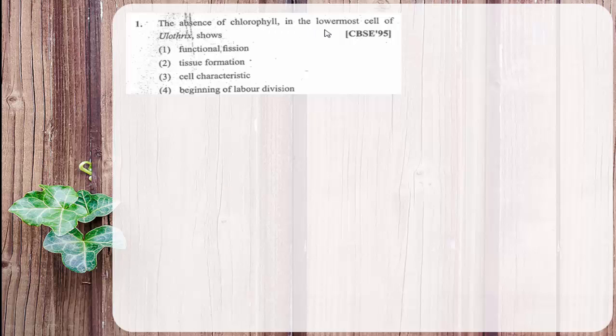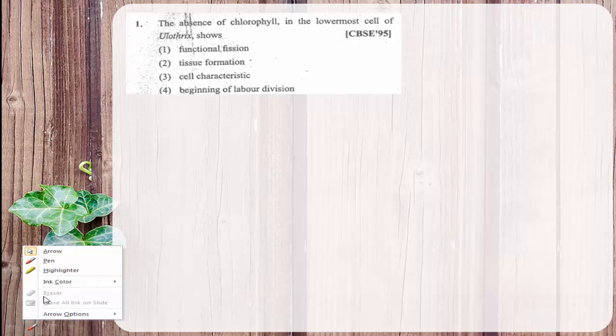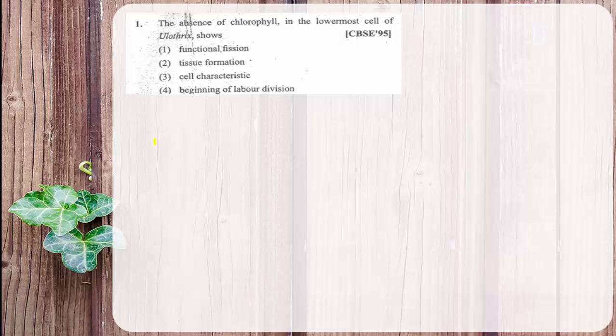Absence of chlorophyll in the lowermost cells of the Ulothrix shows... What is this Ulothrix? Ulothrix is a filamentous alga, and its lowermost cell is without chlorophyll.